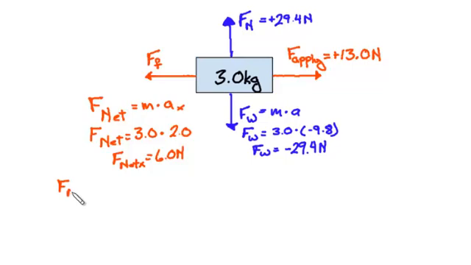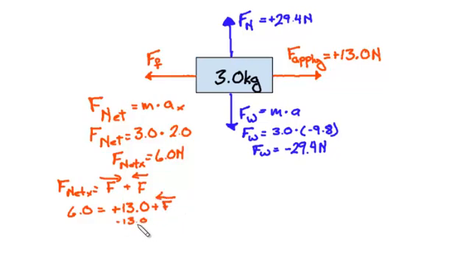The problem is I have a force applied of positive 13 newtons. So I can use this information to go figure out what the force of friction, or the force to the left, is. Force net equals all the forces to the right plus all the forces to the left. I found force net to be 6.0 newtons. The forces to the right are positive 13 newtons, and I don't know what the force to the left is.